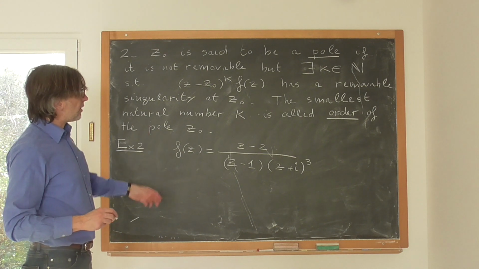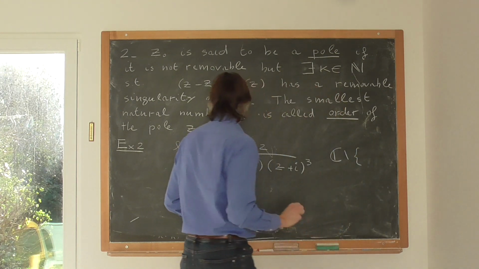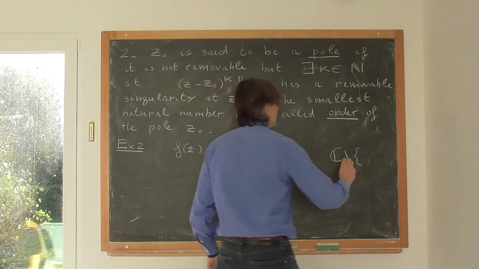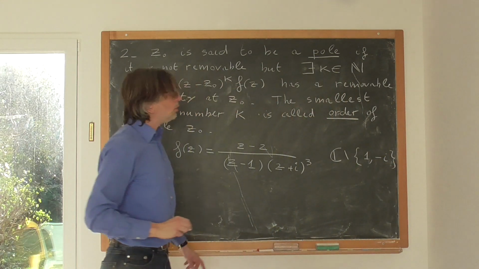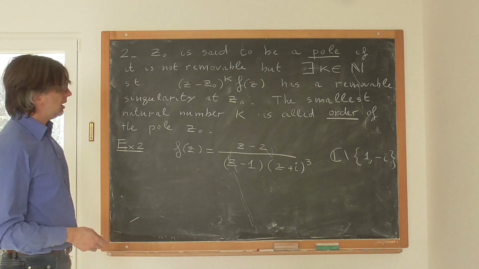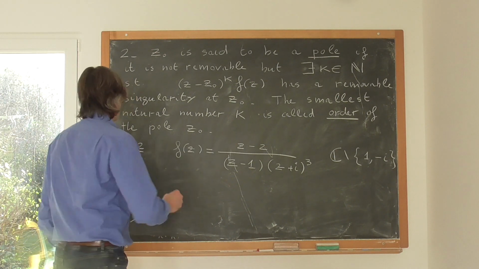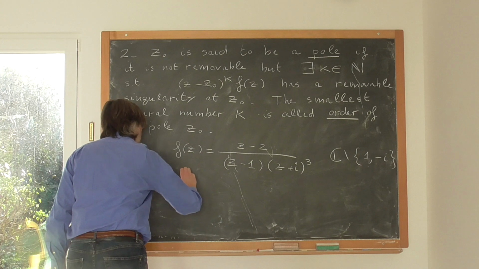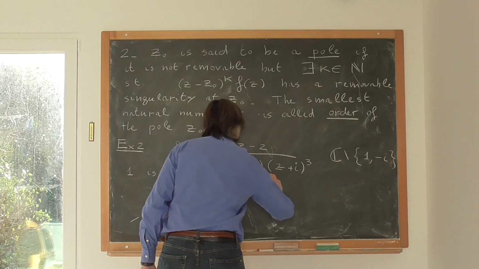And so this rational function is defined on C minus, so the singularities are at the zeros of the denominator, namely at 1 and at minus i. And both 1 and minus i are isolated singularities. And I claim that they are both poles. So, more precisely, 1 is a pole of order 1.